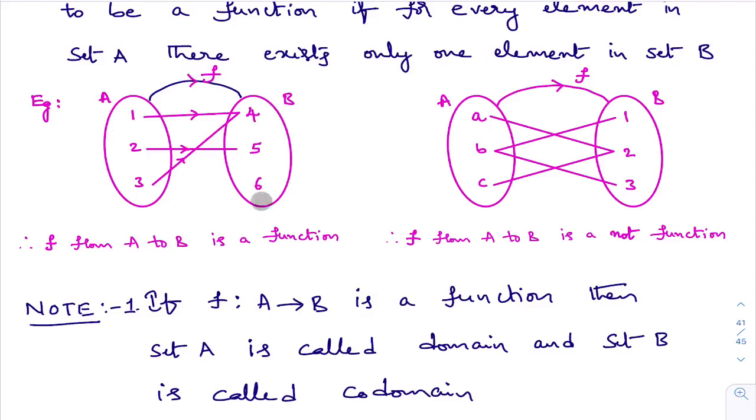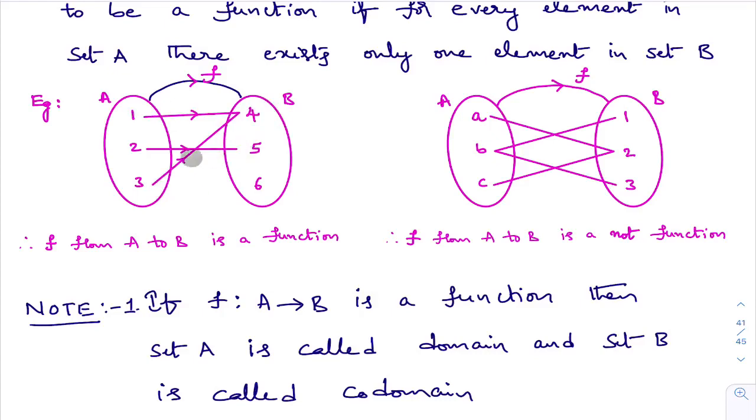Image of 1 is what? 4. Image of 2 is what? 5. Image of 3 is what? 4. Now, if we talk about pre-image of 4, here you can observe two pre-images are there for 4. Pre-images of 4 are 1 and 3.